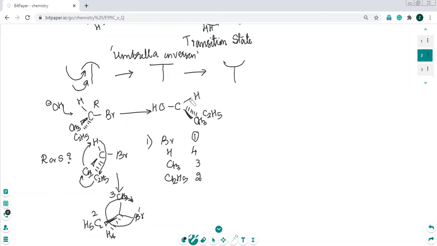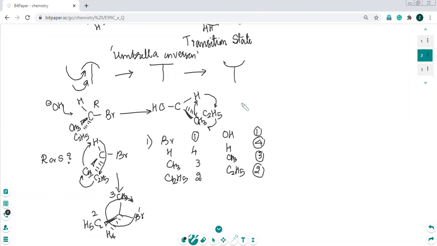Repeating the same thing here. I got OH, H, CH3, C2H5. OH has the highest priority. Second comes C2H5, this is third, this is fourth. Now again, I have to bring my H to the backside. Try to understand that this was studied in the last chapter. This is allowed.